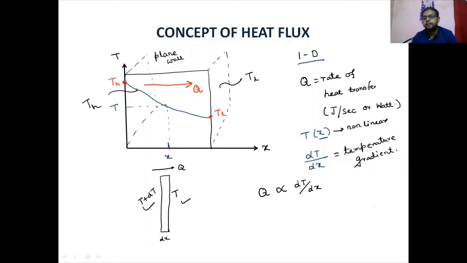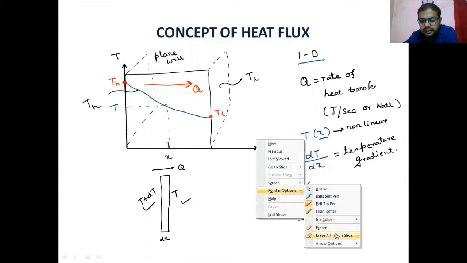If it is linear, there is no problem: we can simply write it as TH minus TL divided by the total length L. As it is non-linear, we write it in differential form, at any instant. For general cases we take it as non-linear; for simplification we can treat it as linear.